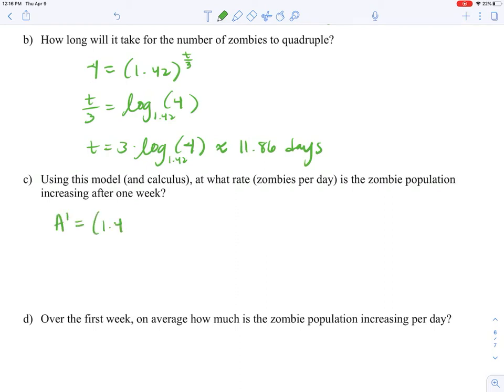So we're going to take the derivative, which would be 1.42 to the T over 3 power times natural log of 1.42 times 1/3, because you have to think chain rule.